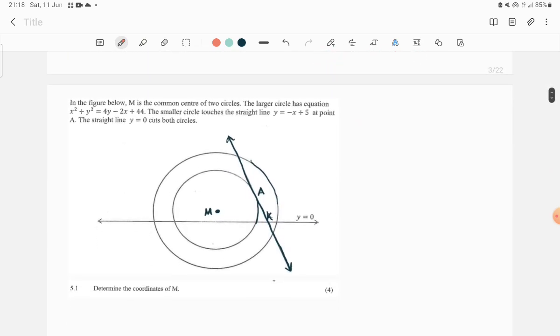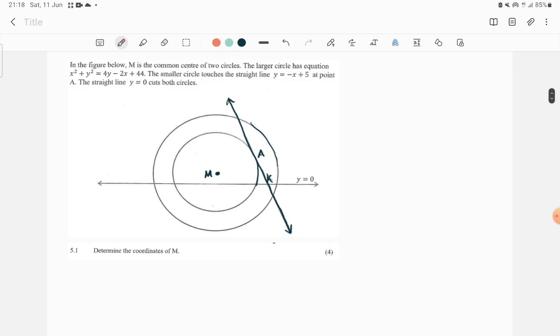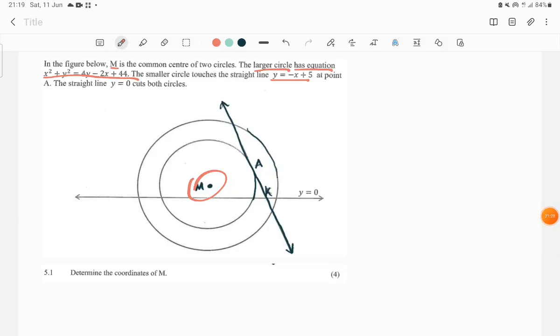Now coming to the next question, which is question number 5. Well, now what are we having? We have in the diagram below, M is the common center of two circles.